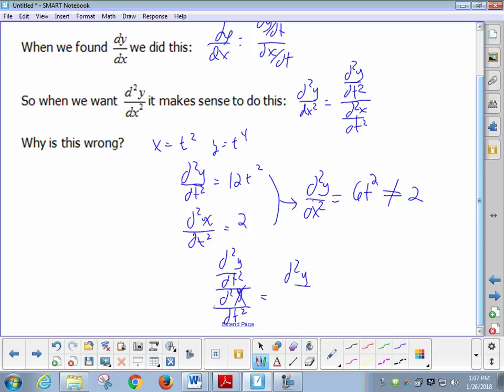This is d squared y over dt squared times dt squared over d squared x. What does that come out to be? The second derivative twice over of y divided by the second derivative twice over of x. Not with respect to x twice. Second derivative of x twice. And that's not the same thing. That's not the second derivative twice over with respect to x both times. That's not the same thing.